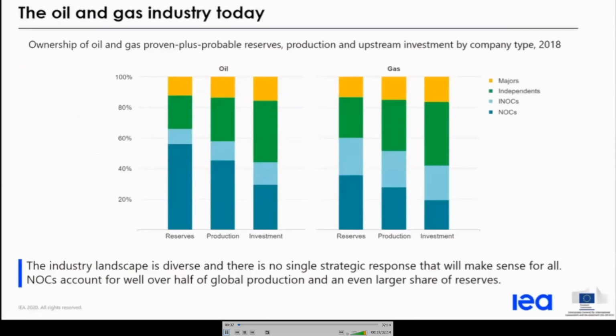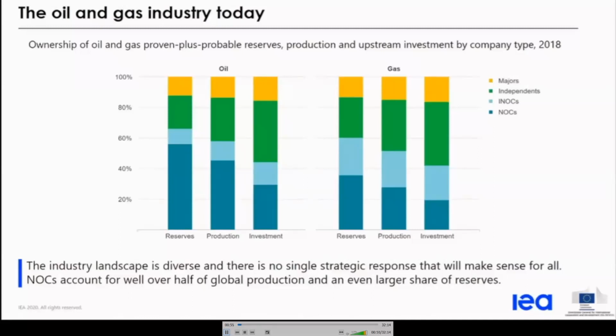And what you see here is a view of the ownership of oil and gas, both the proven plus probable reserves, the production, and the upstream investment by company type from 2018. On the left-hand side, we see oil, and the right-hand side, we see gas.